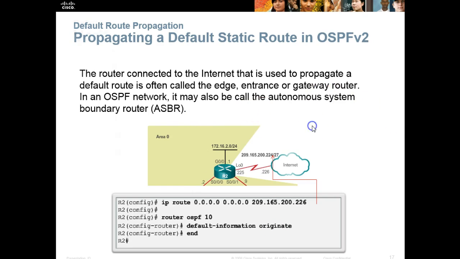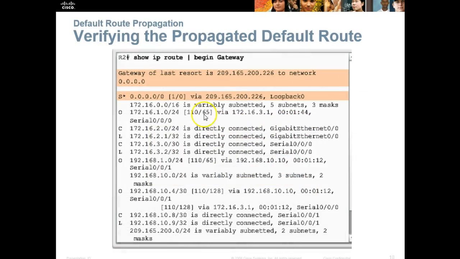And it comes out differently than the others. You see, we have a static route on the inside, but from the outside it will have a little bit different look to it. So, gateway of last resort, and then we have static route with an asterisk.